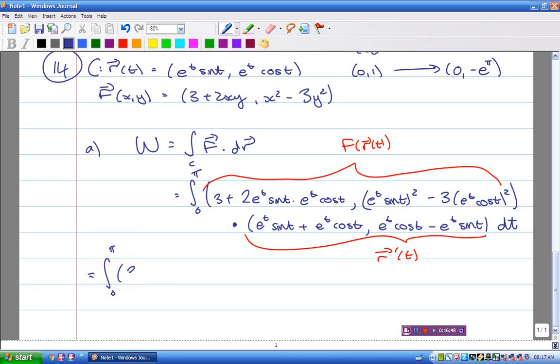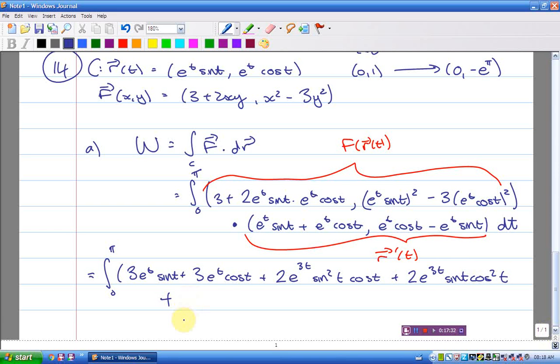This is 3 e to the t sine t plus 3 e to the t cos t plus 2 e to the 3t sine squared t cos t plus 2 e to the 3t sine t cos squared t plus, okay, everything I've written there is the first component times the second component. A little bit of distributive law there. 2 terms end up giving me 4 terms. Plus, and then I'm going to dot, I'm going to give up quite soon, okay.